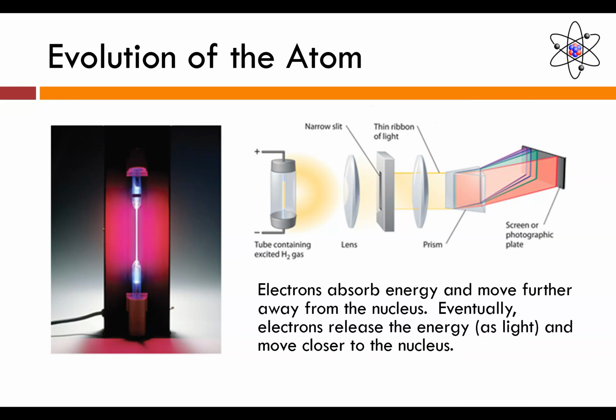So again, electrons will absorb energy, move away from the nucleus, and as the electrons come back closer to the nucleus, they will release that energy as some form of light. We'll detect it, and that's going to give us some insight into the structure of the atom.